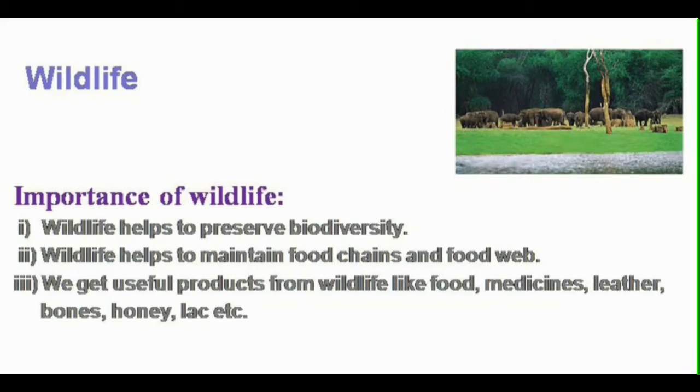So what is the importance of wildlife? Wildlife helps to preserve biodiversity. Wildlife helps to maintain food chains and food webs. We get useful products from wildlife like food, medicine, leather, bones, honey, lac, and so on.